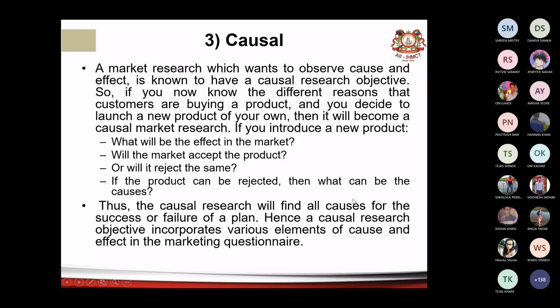Thus the causal research will find all causes for the success or failure of a plan. This is a study of the market which you do beforehand, before launching the product. So a causal research objective incorporates various elements of cause and effect in the marketing questionnaire.